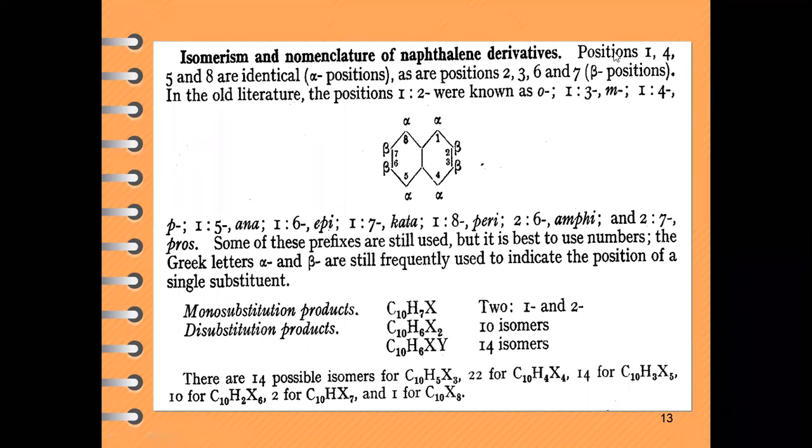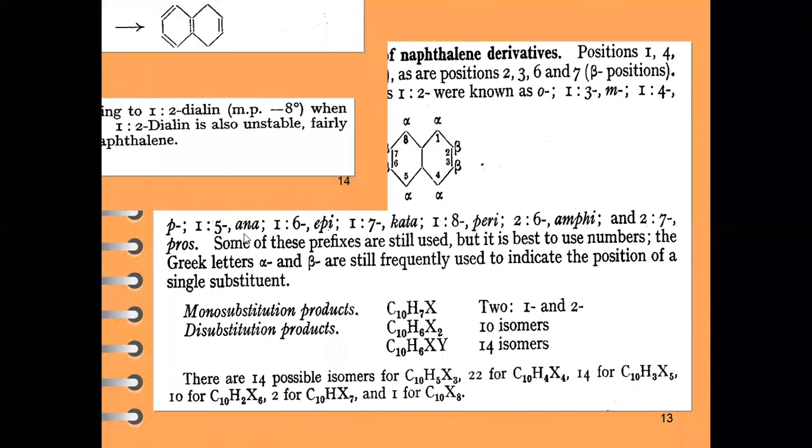So according to the old system, positions 1, 4, 5 and 8 are named as the alpha positions of the naphthalene ring, followed by positions 2, 3, 6 and 7, these lateral positions, which are named as beta positions. In the literature, positions 1 and 2 are referred to as ortho, because the first carbon is ortho on this benzene ring and the second carbon is ortho on this particular benzene ring. Positions 1 and 3 are referred to as meta, and positions 1 and 4 as para.